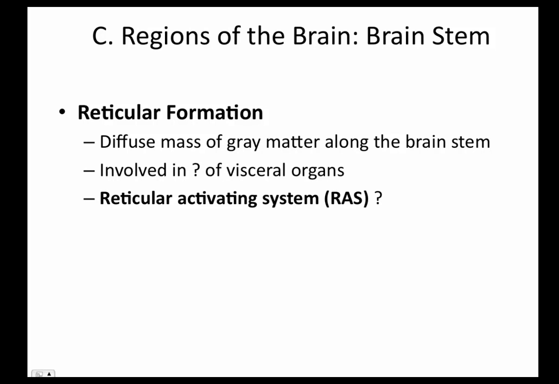Another region that's part of the brainstem, which we don't really look at the structure for this, but it's found actually stemming that entire brainstem region, is the reticular formation. Now, this is a diffuse mass of gray matter along the brainstem, and it's involved in motor control of visceral organs.